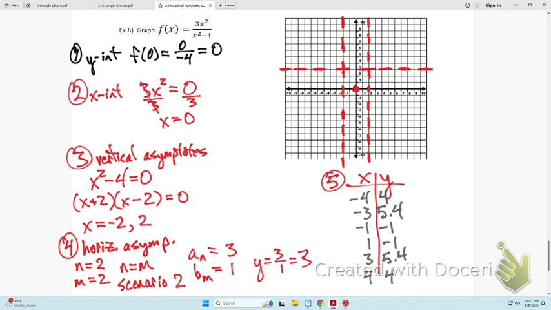Make those coordinates. And you're about done.